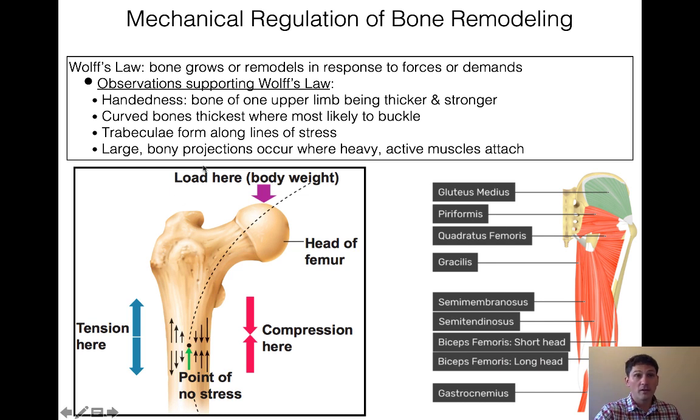And then last, large bony projections also form where we have really big muscles attaching to our bones. So our gluteus maximus, our quadriceps, our biceps femoris muscles. So we should see larger bony projections so that they can resist the forces by the muscles.